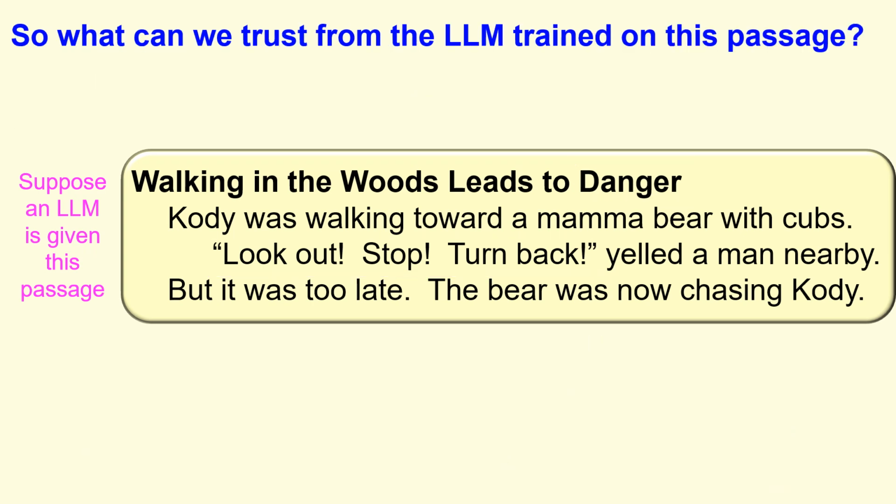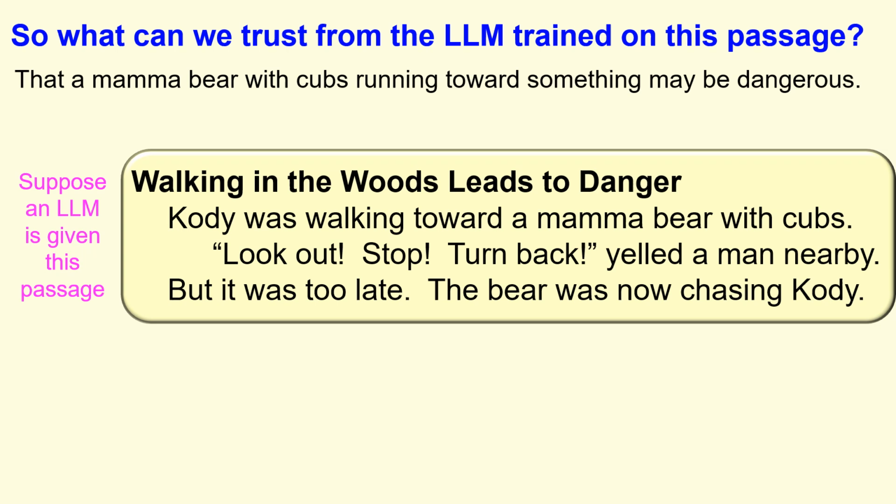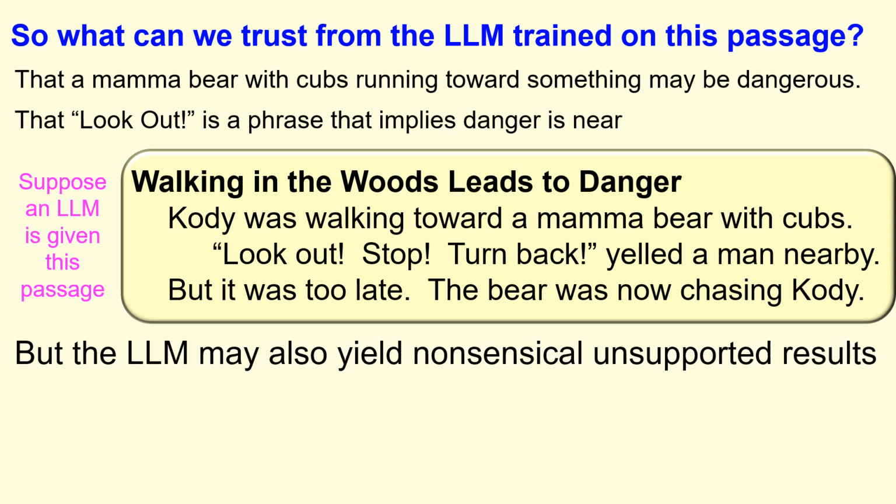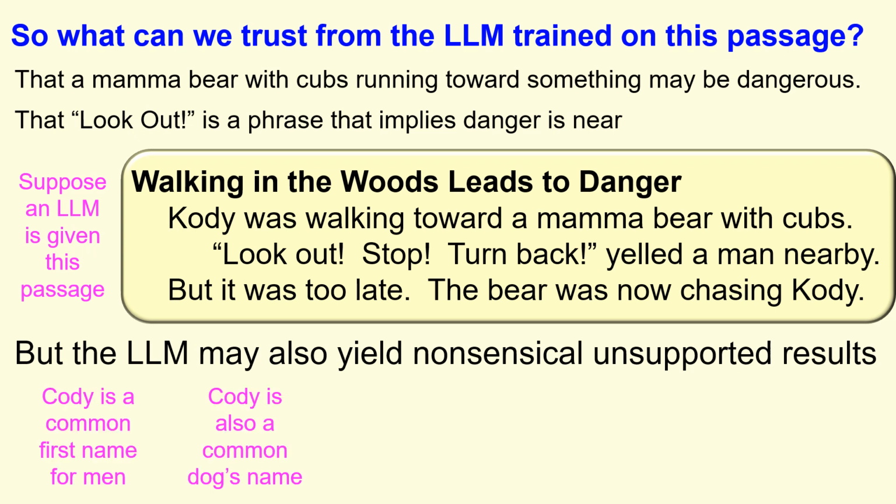So what kind of information could we trust from this large language model? Well, that a mama bear with cubs running toward something could be dangerous. That look out is a phrase that implies danger is near. But the large language model may also yield nonsensical, unsupported results. Cody is a common first name for men. Cody is also a common dog's name.